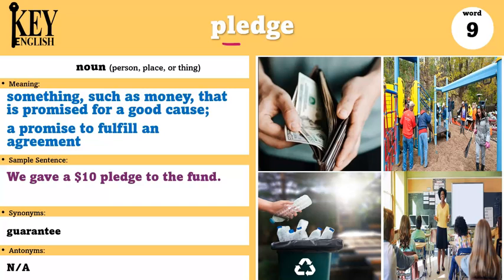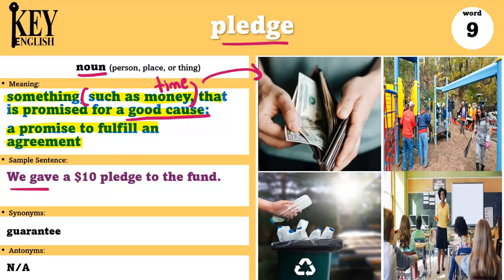We can also use pledge as a noun, but now it means something such as money that is promised for a good cause, or a promise to fulfill an agreement. So now the meaning of pledge is something like you are promising to give money, or maybe you are promising to give time to something that is for good.